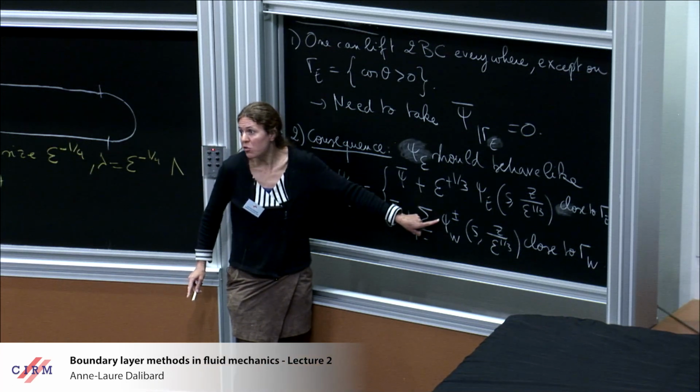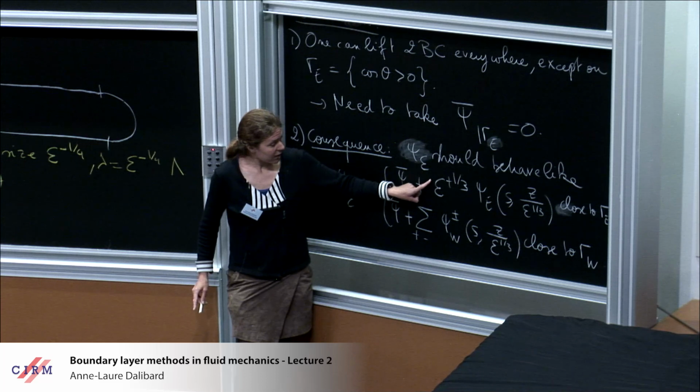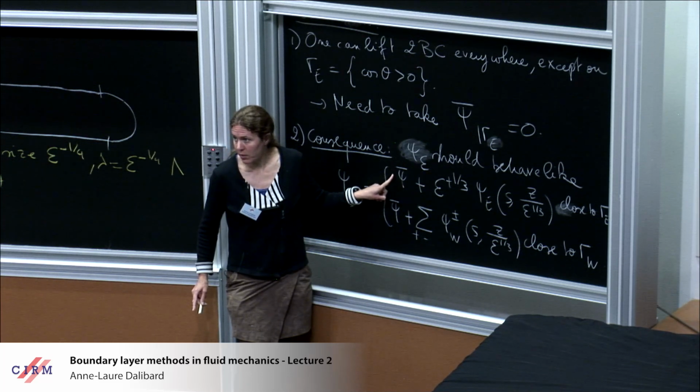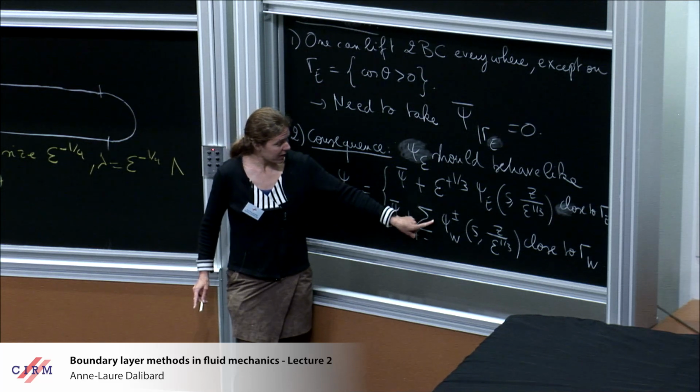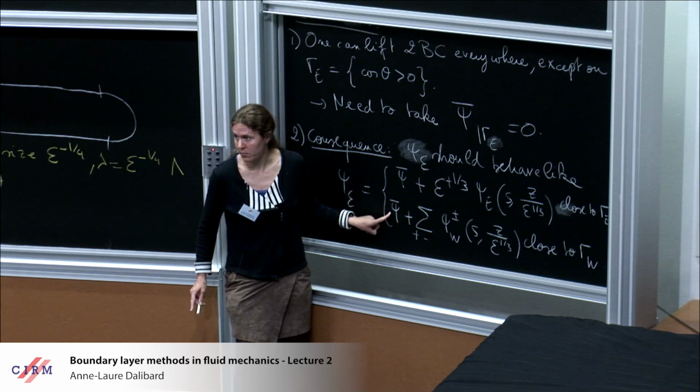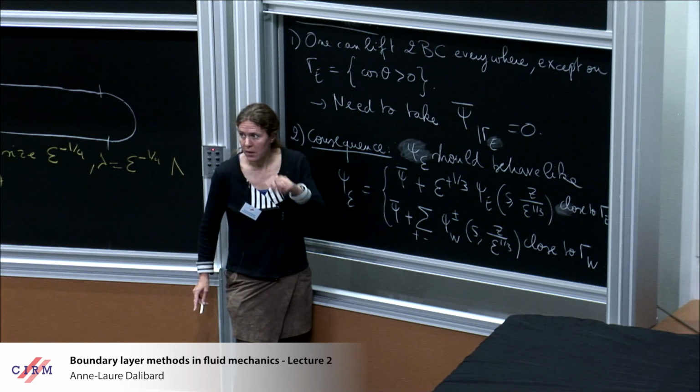Okay, so these two boundary layer profiles will have amplitude 1. Okay, so that's why you have an epsilon to the 1/3 here, because this quantity vanishes on the western boundary, but no epsilon to the 1/3 here, because this quantity does not vanish on the western boundary. Okay.